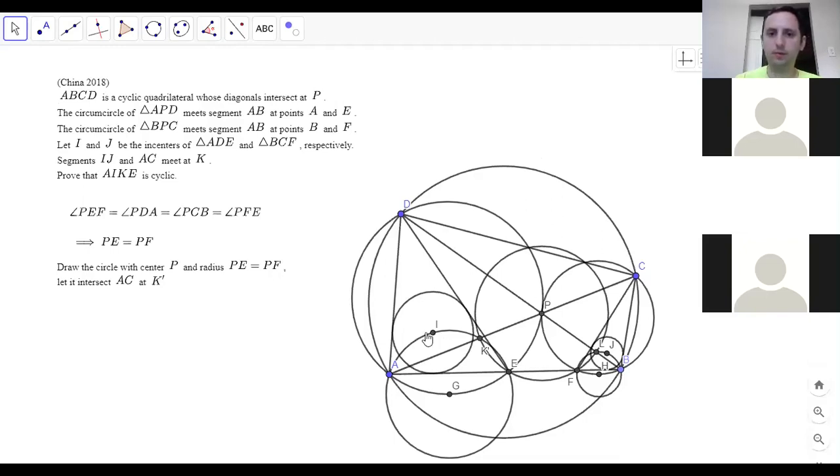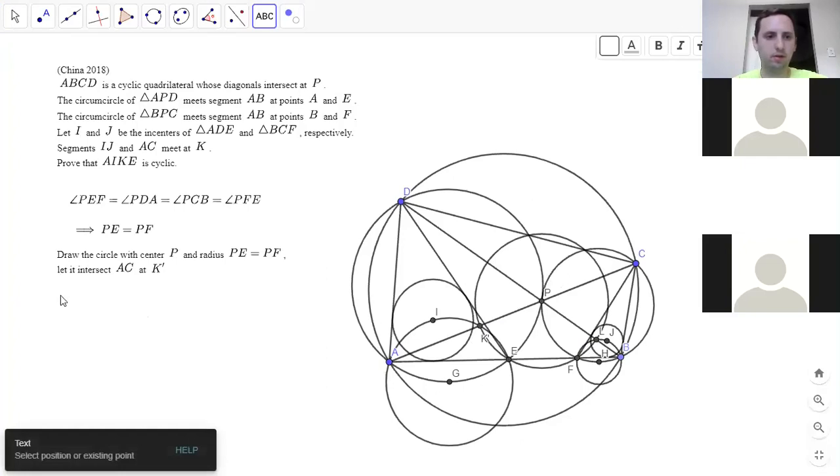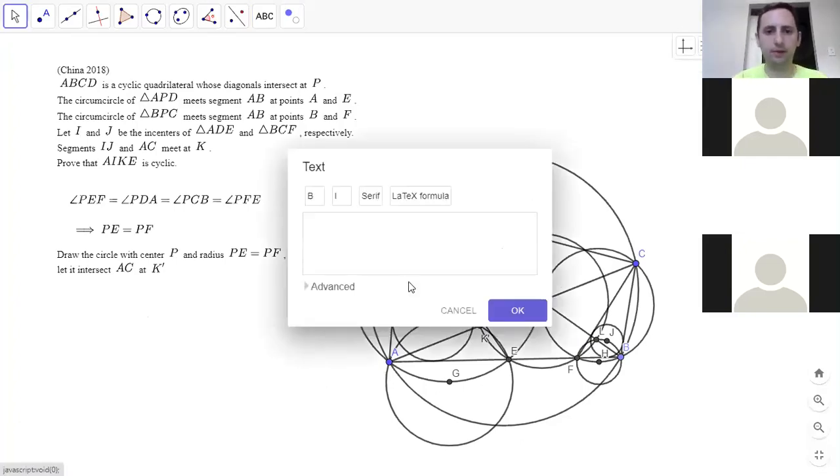but first we have to show A, I, K prime, and E are cyclic, right? Yeah, it's from angle chasing too. Okay, so that, because angle PK prime E, okay, so I'll just outline it right now and then I'll fill in the details.